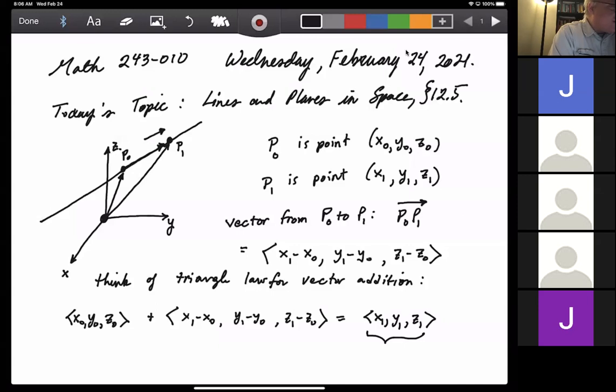Really, the only thing we care about in terms of characterizing the line is the direction of that vector. Any other vector that we could lie down on top of the line is going to be parallel to that first vector that we produced right here. And that, in fact, is how we're going to characterize our line geometrically.